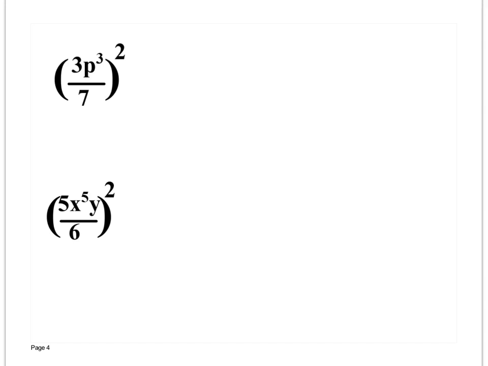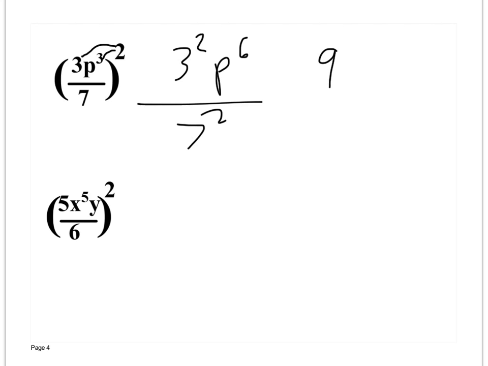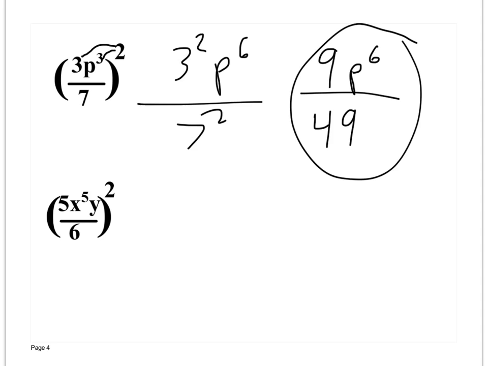So I'm going to raise everything to the second power. 3 squared, p to the 6th, because when you raise a power to a power, you multiply, over 7 squared. 3 squared is 9. You have p to the 6th, and 7 squared, 7 times 7 is what? 49. Do those reduce? No. So there's my answer.